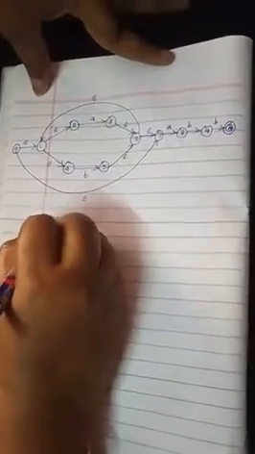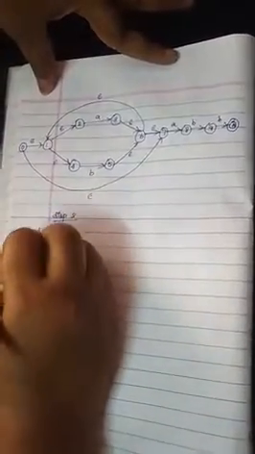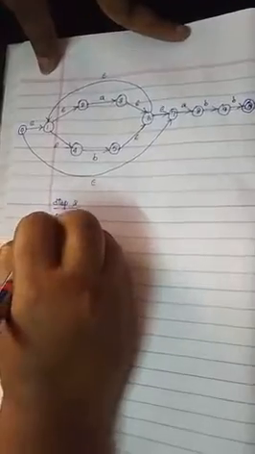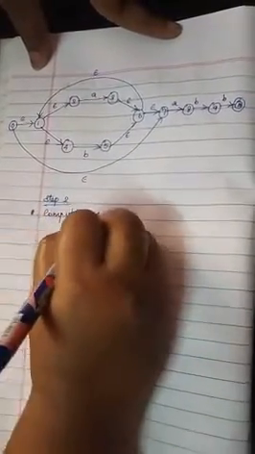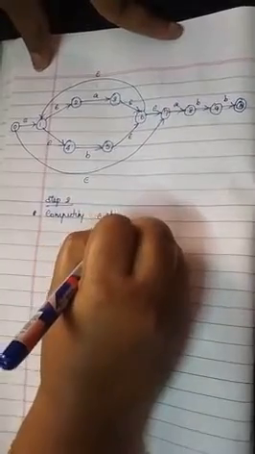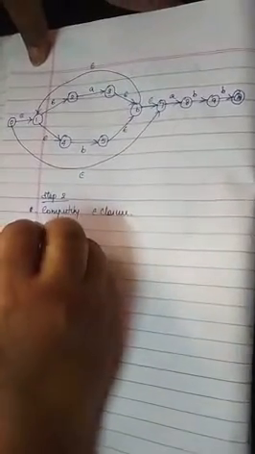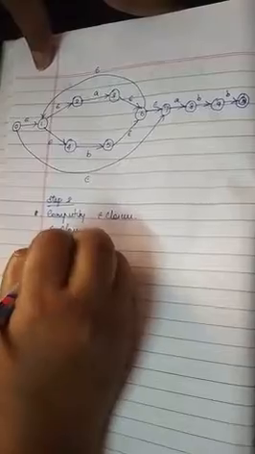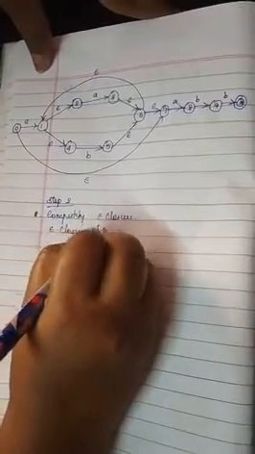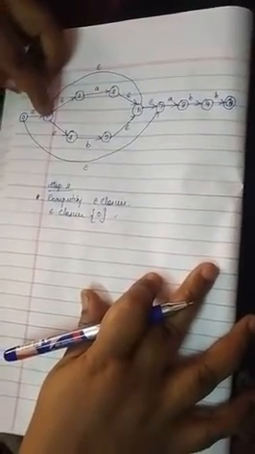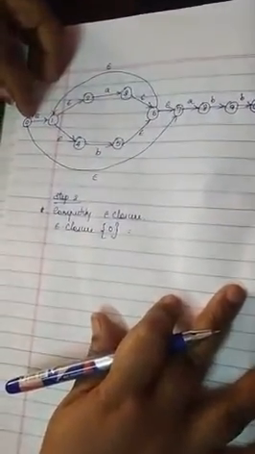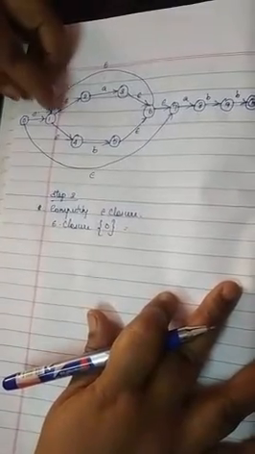Step 2 in computing the DFA is computing the epsilon closure. First we have to compute the epsilon closure of the initial state, which is 0. Here we have to include all the states which have an epsilon transition connected with 0.